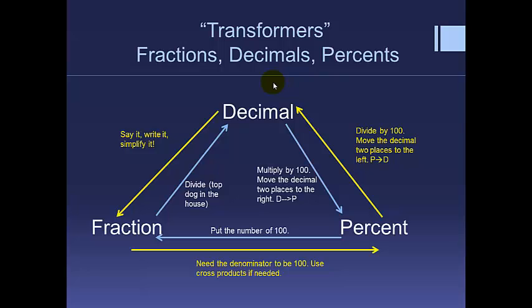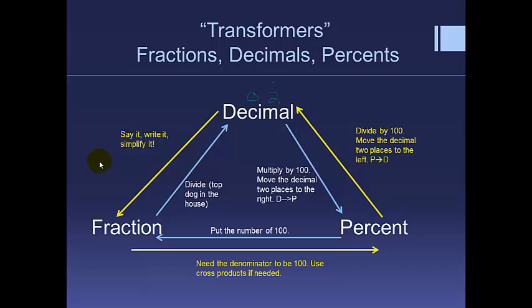So here we go. Let's use one of the common decimals that we see of, let's say, 0.2, or what we would call 2/10. So if I want to take this to a fraction, I say it, I write it, and I simplify it. Again, 0.2 isn't the proper way to say it.